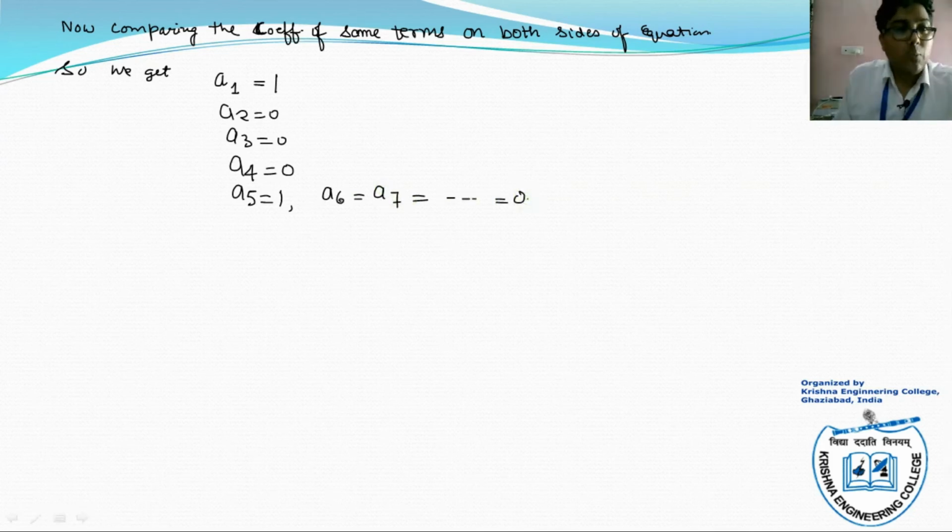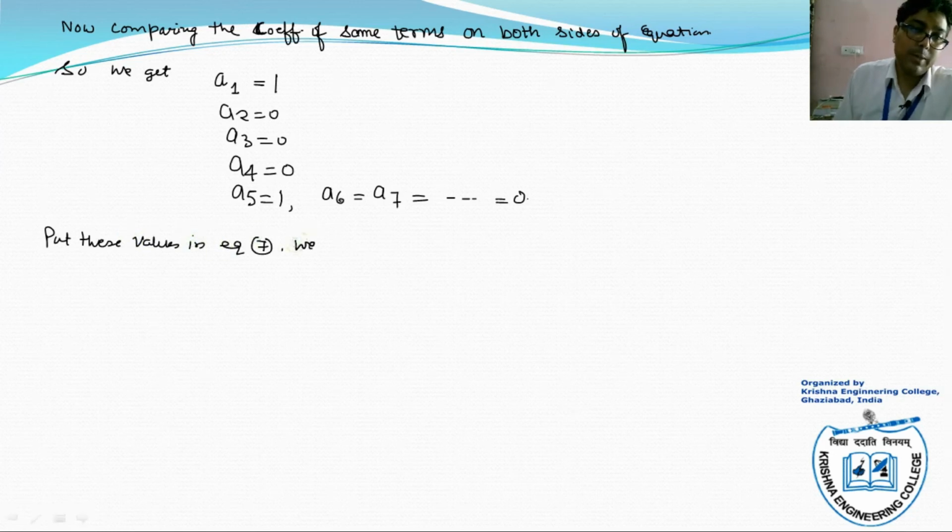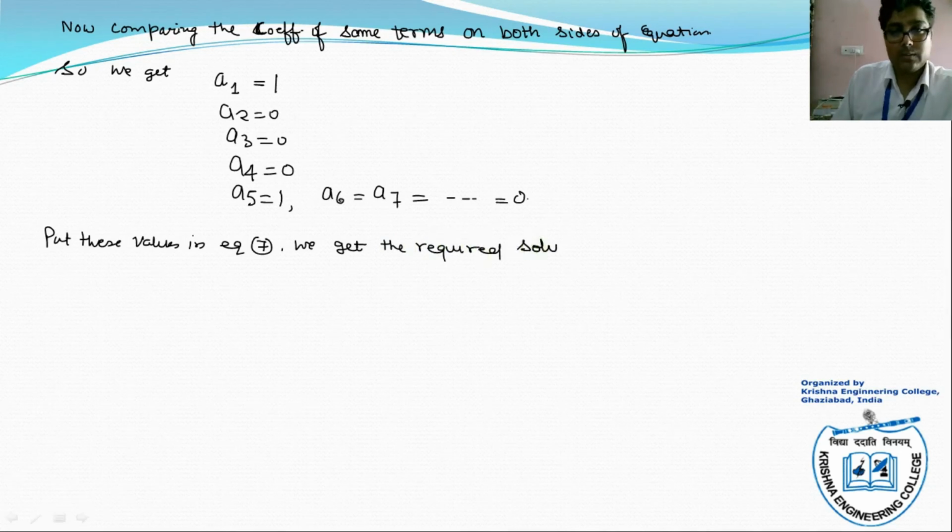Clear? Now put these values in equation 7. We get the required solution of the problem. Clear?